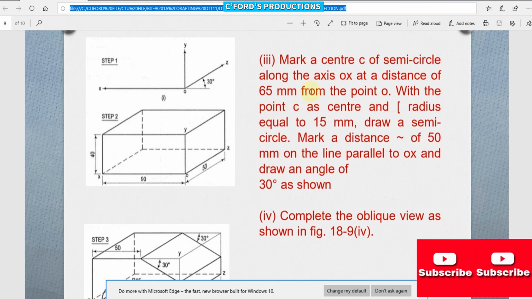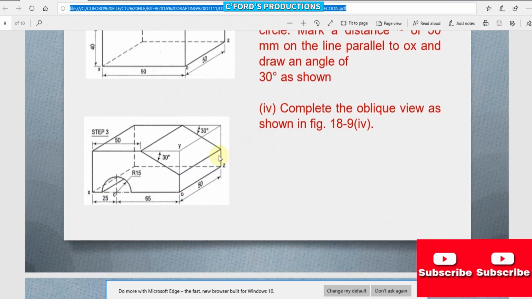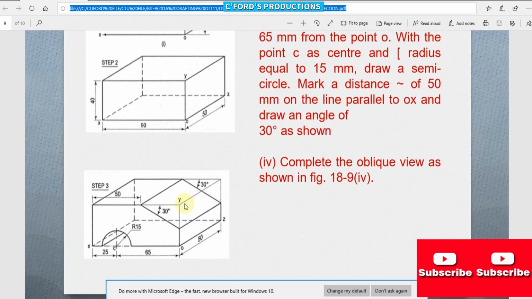So step number 3. Mark a center C of the semicircle along the axis OX at a distance of 65 mm from the point O. So we'll create a center point for the semicircle.